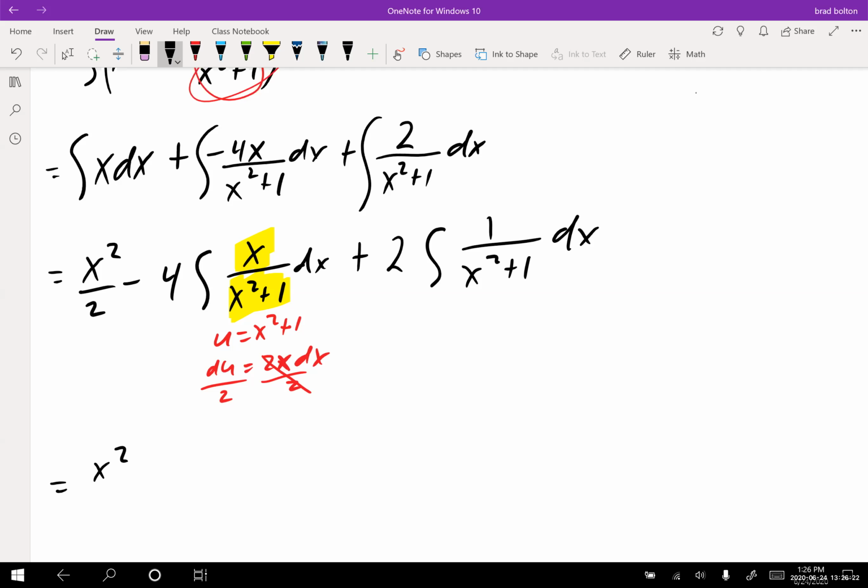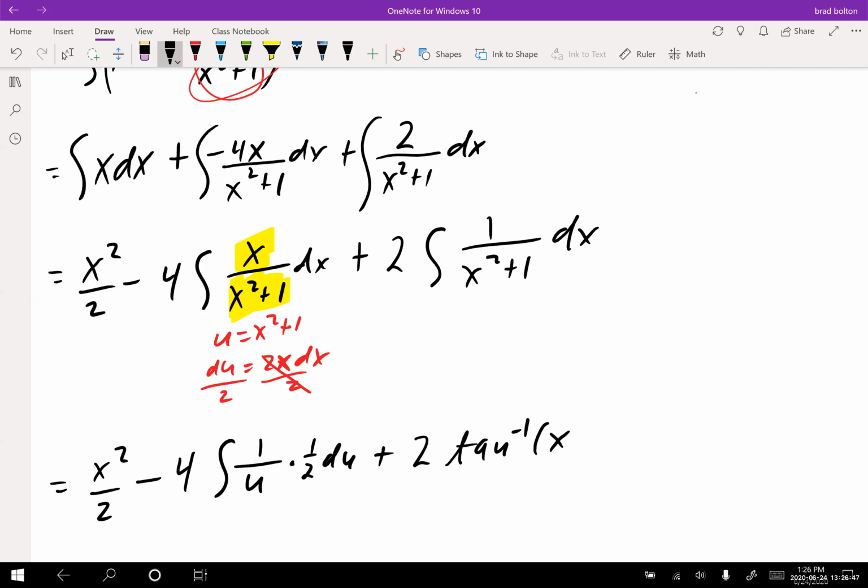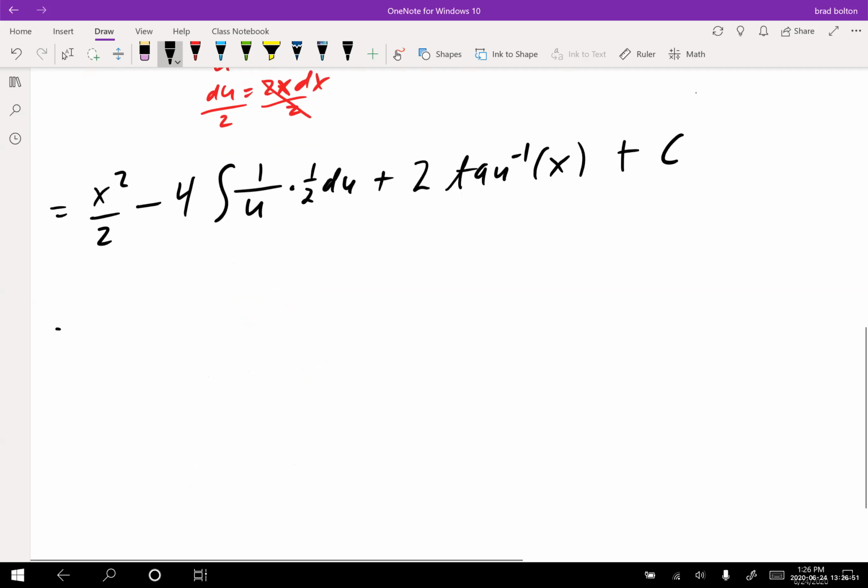So this will become x squared over 2 minus 4 integral of 1/2 times 1 over, well, you know what, let's write it like this. So this will be 1 over u times 1/2 du plus 2 tan inverse of x plus c. Now we still have to integrate this little u one right here.